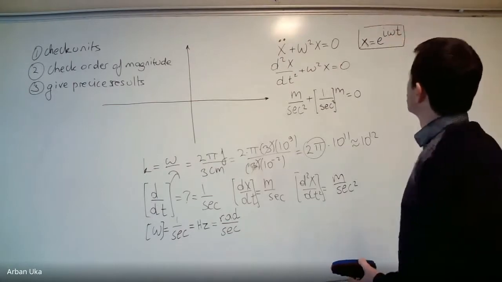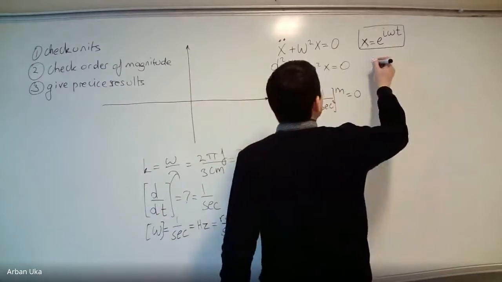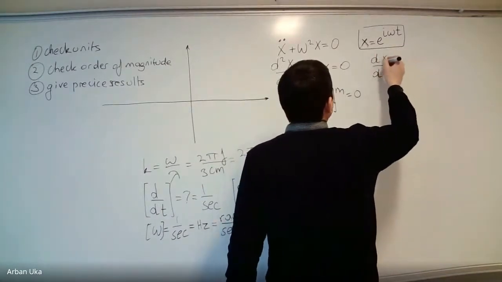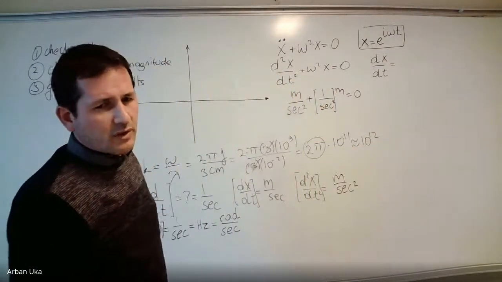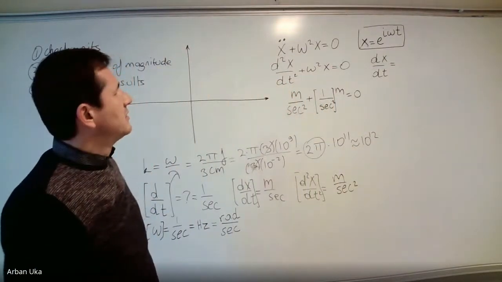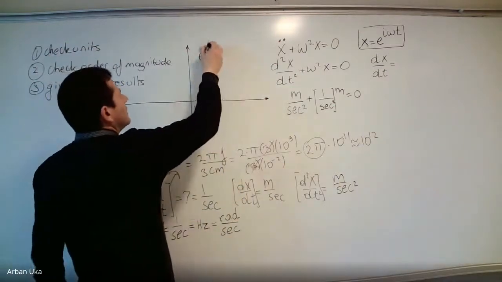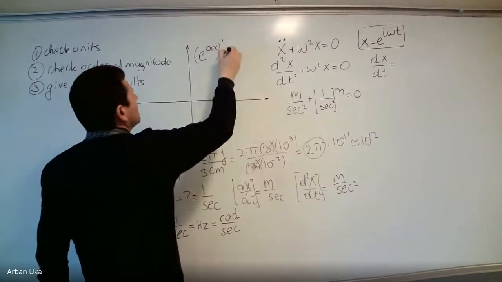Let's assume x is this. Then what is the first derivative of x, d over dt? What is the derivative of e to the power ax? A times e to the power of ax.